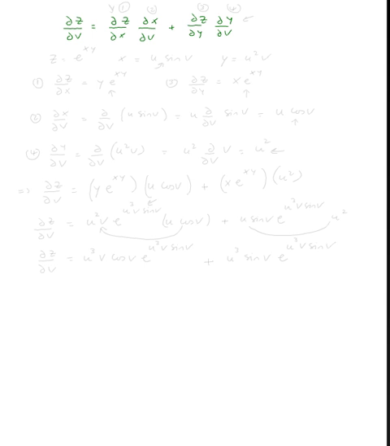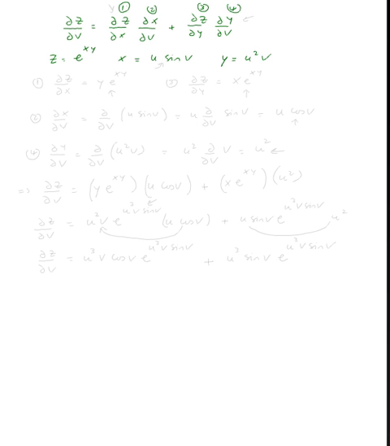And I need to rewrite also the formula. Z is equal e^(xy), and then x is equal u sine v, y is equal u squared v. By the way, I already found these 1 and 3. Remember, I call this 1, 2, 3, 4. So 1, I already found the 1.